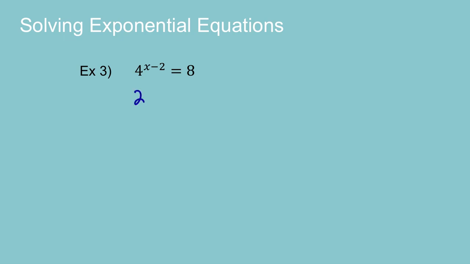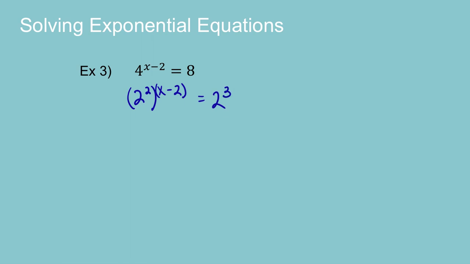So 4 would be 2 squared, and then since that's being raised to the x minus 2, I need to use some more parentheses here. You might want to overdo your parentheses so that you can see we're going to have to distribute this exponent here because I'm raising this power to another power, and we learned that we multiply exponents when we're doing that. And then on the right, 8, as we said, is 2 cubed.